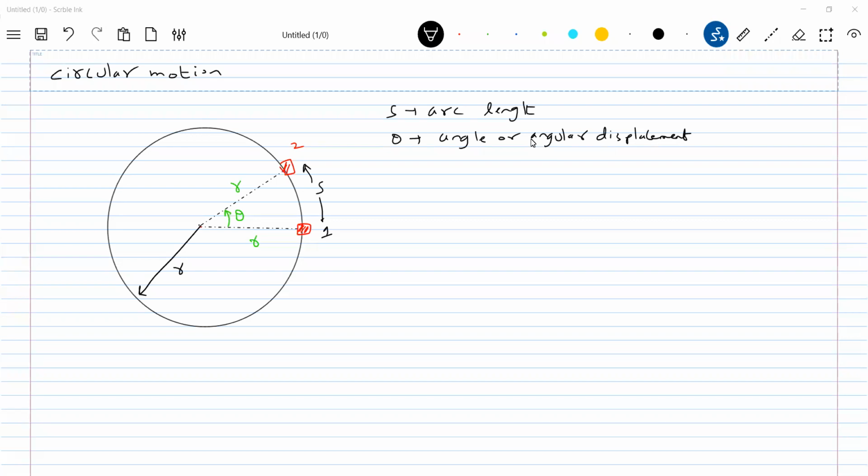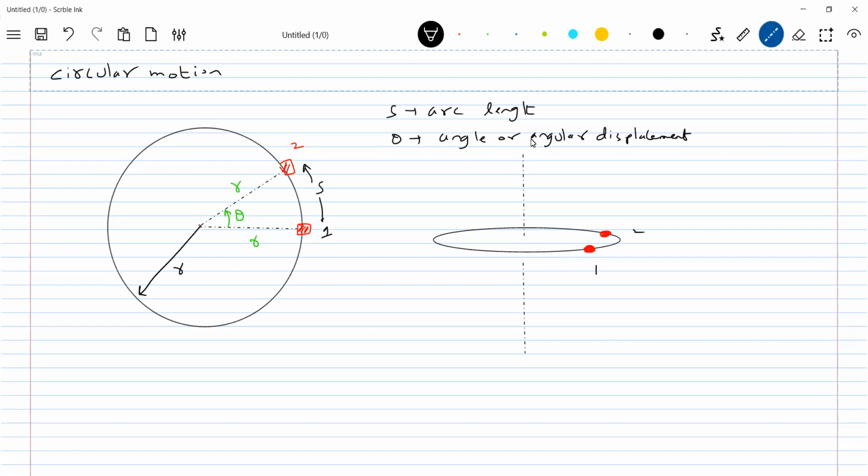So now if I draw the plane diagram, let's take it like this. This is the vertical plane. The particle was at position 1 here, and after some time it will reach here, position 2.